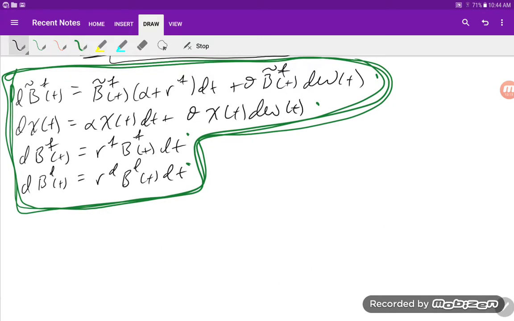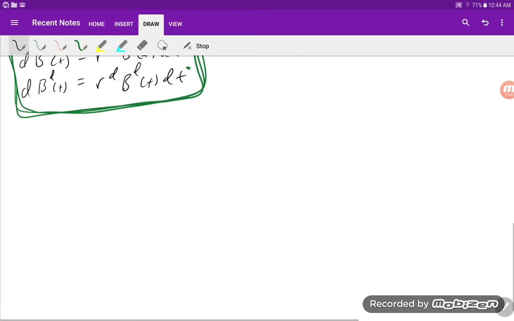Alright, so let's now move on to thinking about a value or a wealth process. Basically a portfolio that's made up of the underlying and the claim or option itself. So we will have dv, that's our value process, or you can think of it like a portfolio.